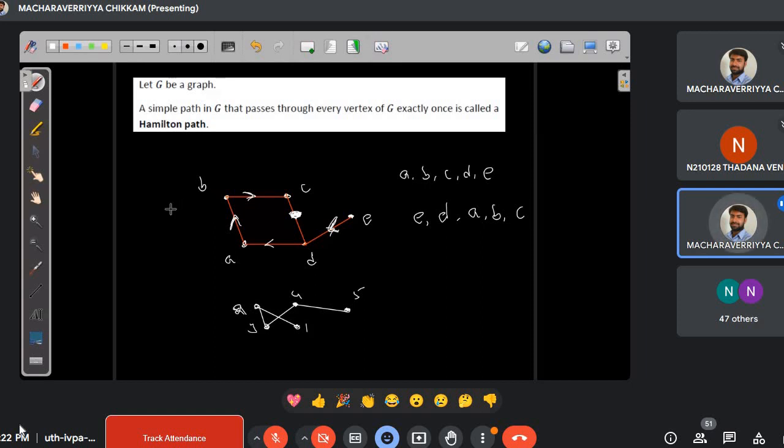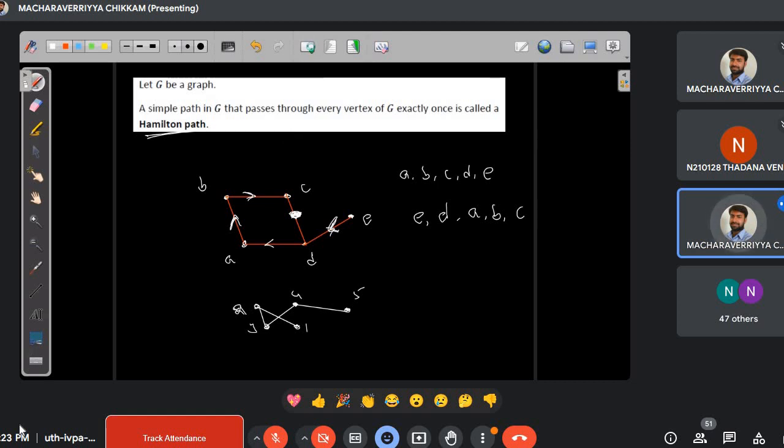Now I need a graph which does not have this path. The path which travels through every vertex of the graph is called a Hamilton path. So if it travels through all edges, we call that an Euler path. If it travels through all vertices of the graph, we say that path is a Hamilton path.